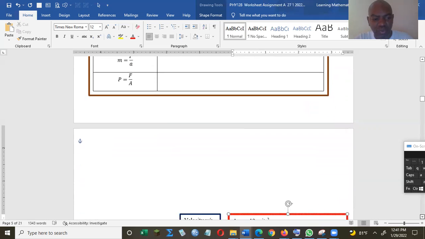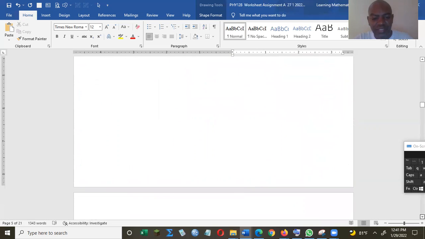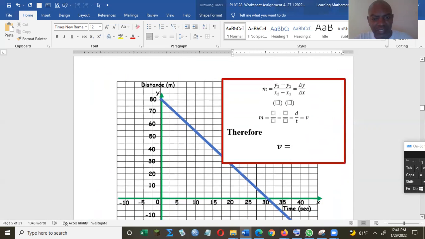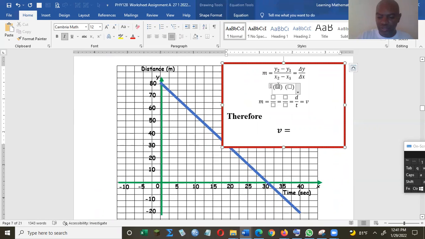We need two points in order to calculate the gradient. We can look for two easy points. 0 on the x and 80 on the y could be the first point, the pair of coordinates 0, 80. The next easy point could be 40 on the x and negative 20 on the y: 40, negative 20.